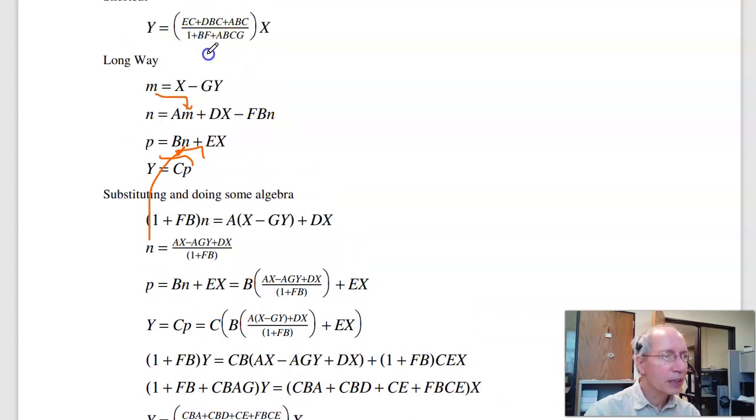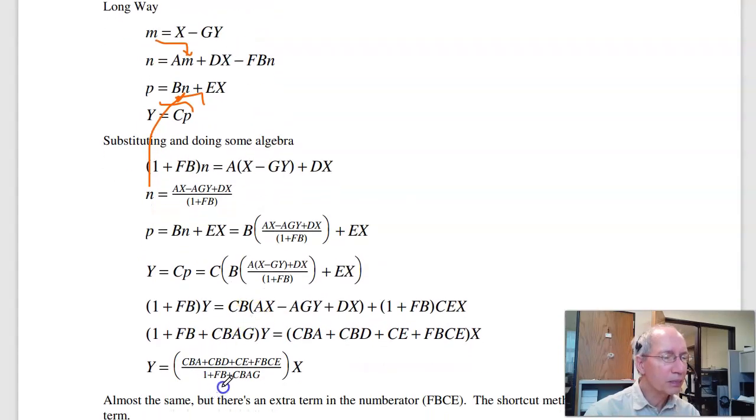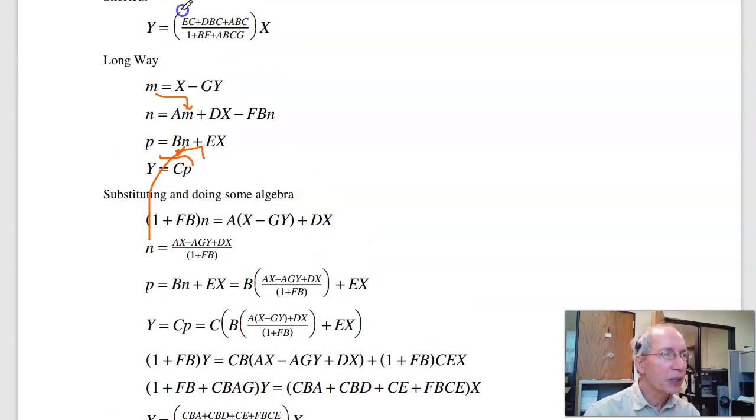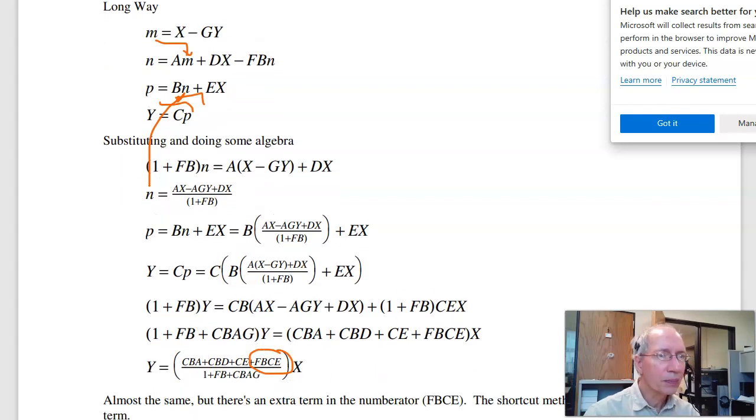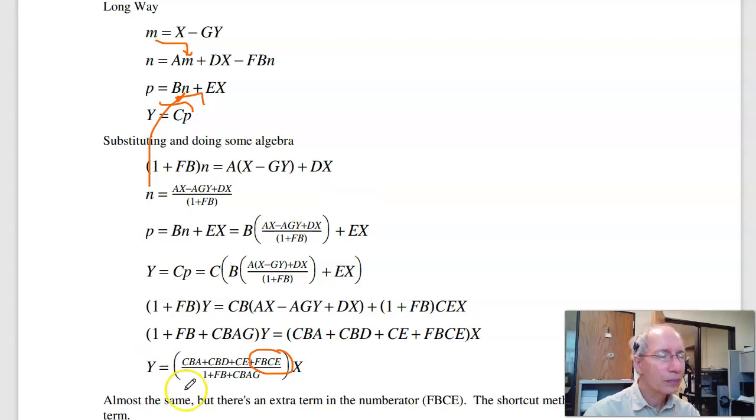I've got 1 plus bf plus abcg, 1 plus bf plus abcg, just rewritten. And the numerator, EC, right here, dbc, abc, there it is. I have this extra term, FBCE.